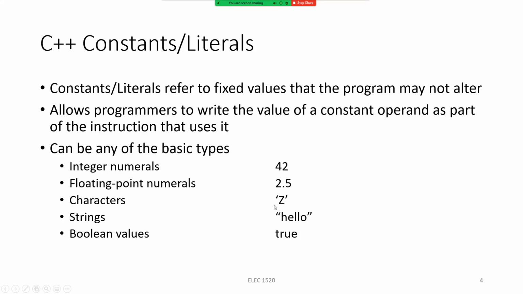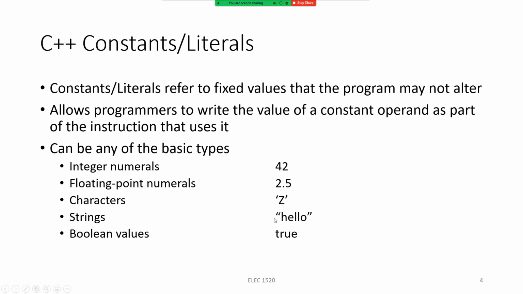Character literals have single quotes around them. That's how the compiler, and how we as humans reading programs, know that Z with the single quotes is a character and not Z, the name of a variable. The names of variables can't have single or double quotes in them, so that is what differentiates the two.